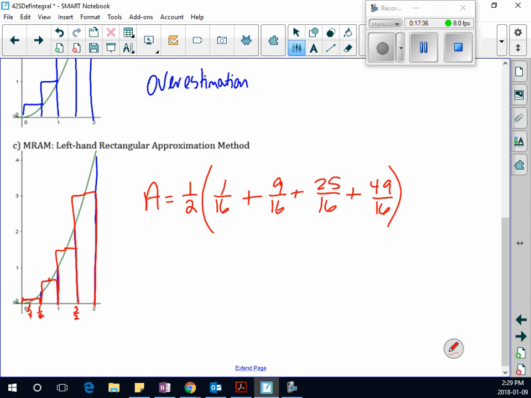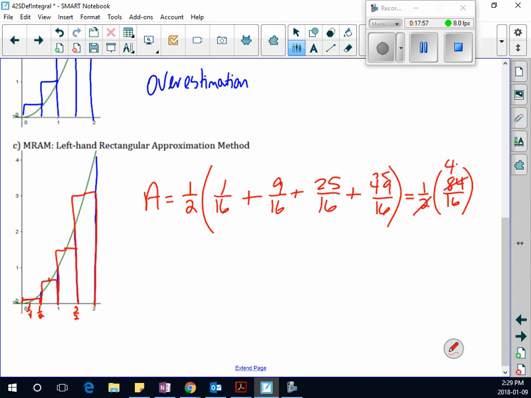All right, let's add her all up. So we get 1/2 times, that's 10, 35, 35 and 49 is what? 84/16? Yeah? 35, because I just added this up. Somebody can check my math, though.